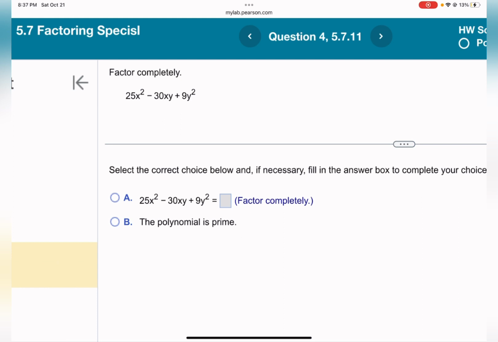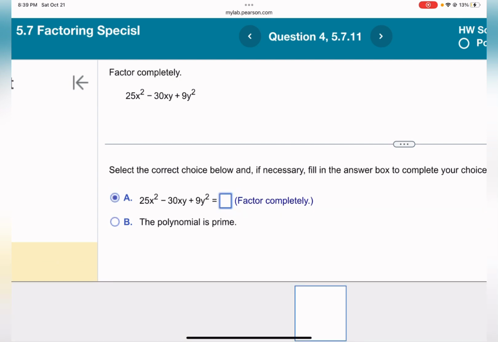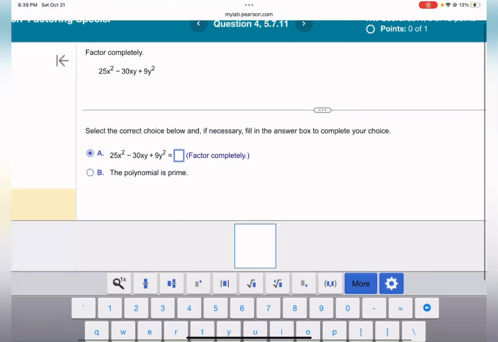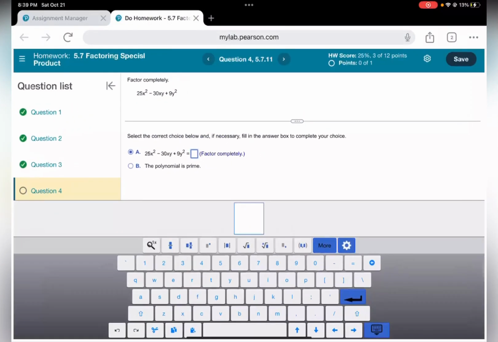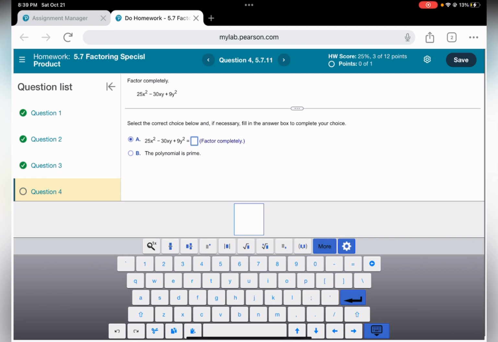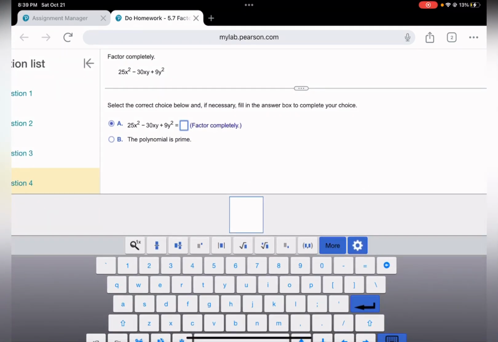So let's check it. What is going to be the answer here? I'm going to analyze and place the answer at the same time. Let me see. So 25x squared, if I open parentheses, 25x squared is going to be 5x to power 2, right?